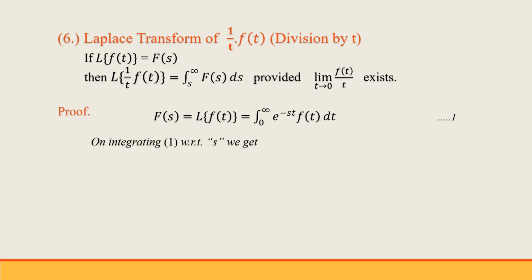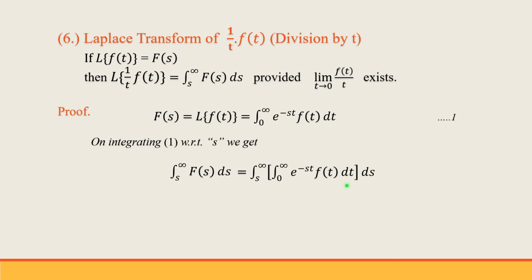So what we get? We get integral s to infinity F(s) ds is equal to integral s to infinity of the whole term, that is integral 0 to infinity e raised to the power minus st into f(t) dt.